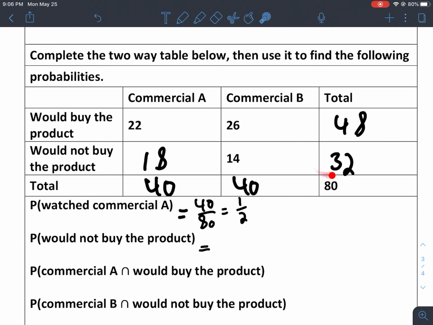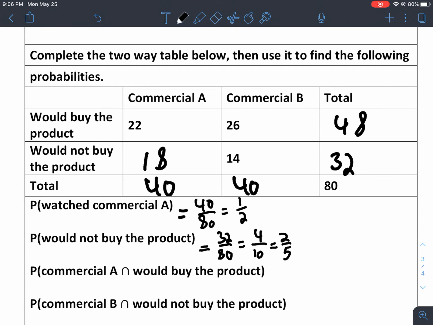Well, 32 wouldn't buy the product. There are 80 total, so 32 out of 80. Both can be divided by 8, which is 4/10, or 2 out of 5 wouldn't buy the product. Just as a reminder, that means 3 out of 5 would buy the product.